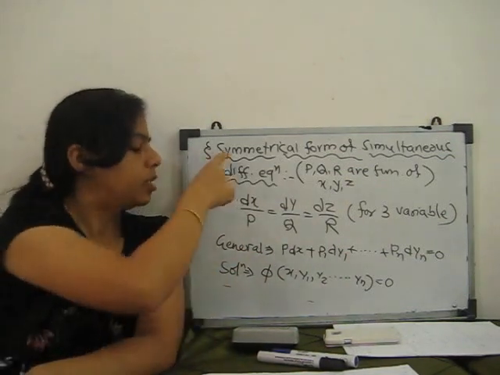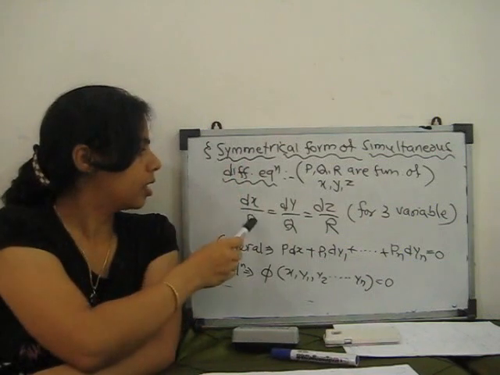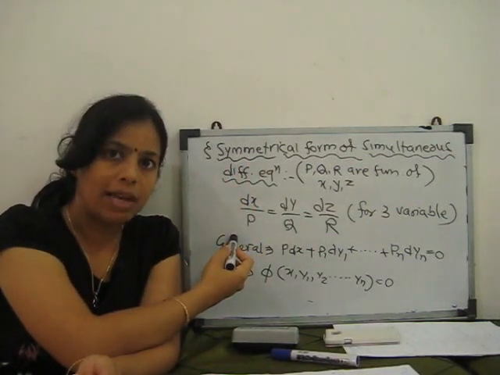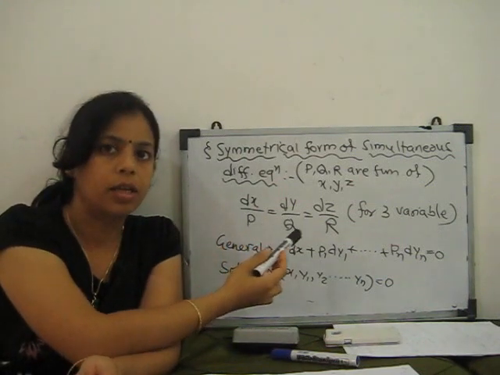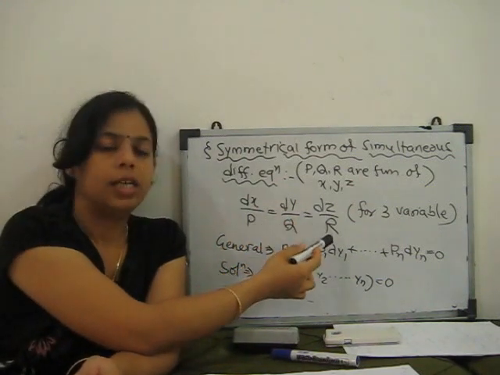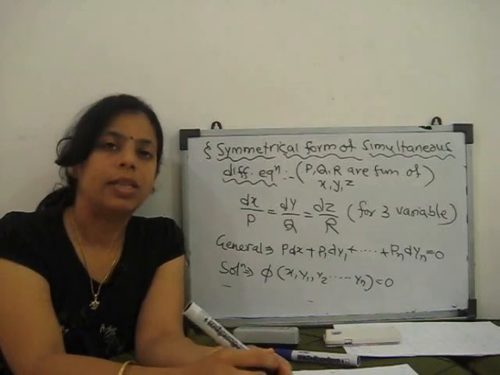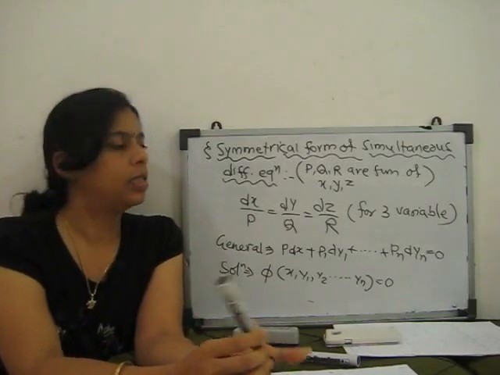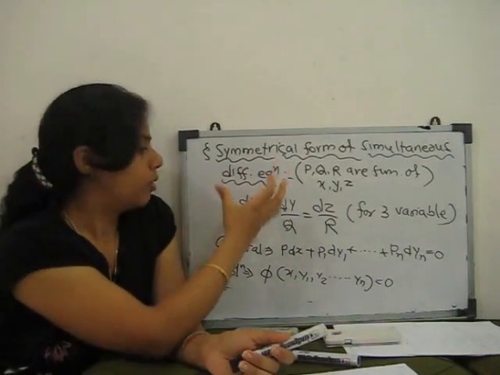So here in symmetrical form I discuss just three variables, and that form is dx by P equal to dy by Q equal to dz by R. If these types of equations are given, we can solve them very easily. There are two types of solution.